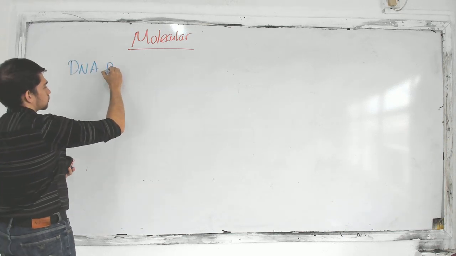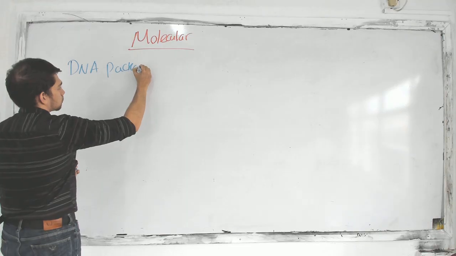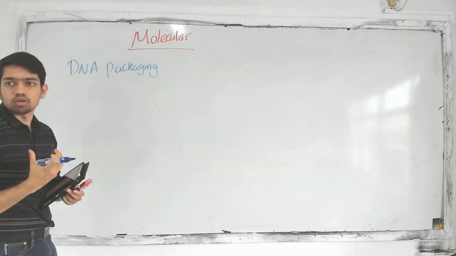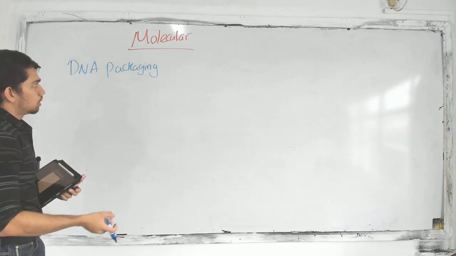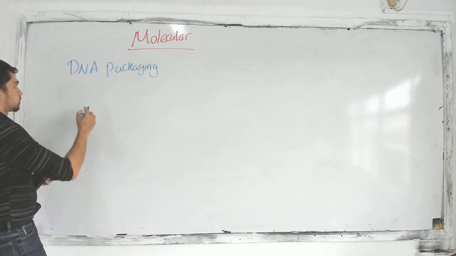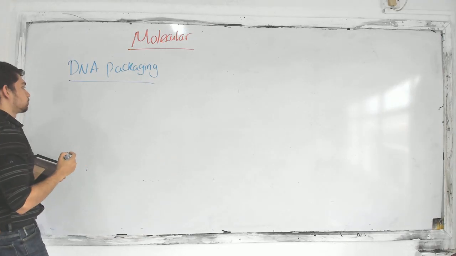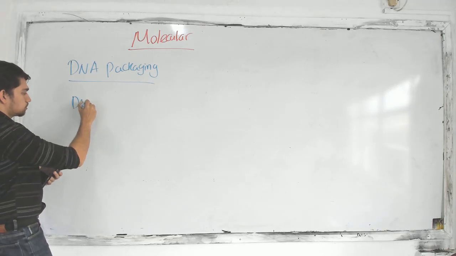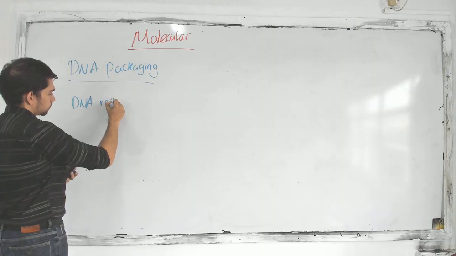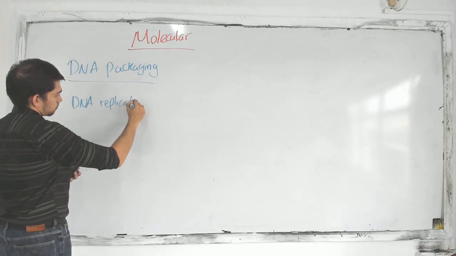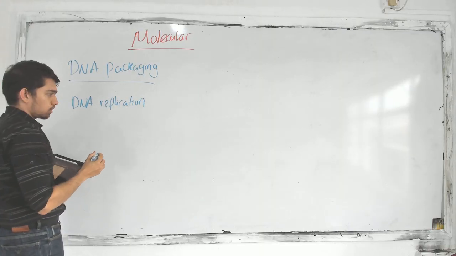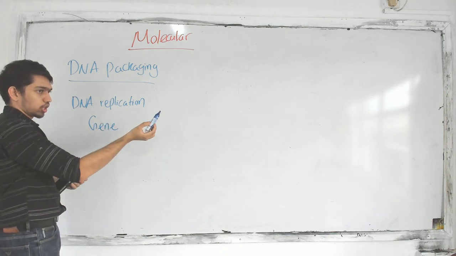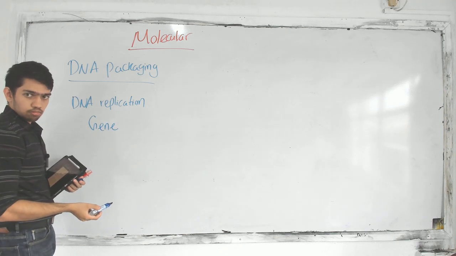DNA packaging, how DNA is packed into prokaryotic and eukaryotic cells. That's the first subtopic. Then we have DNA replication, how DNA is copied. Then we have the gene. What's a gene? Structure of gene, prokaryotic, eukaryotic genes, and so on.